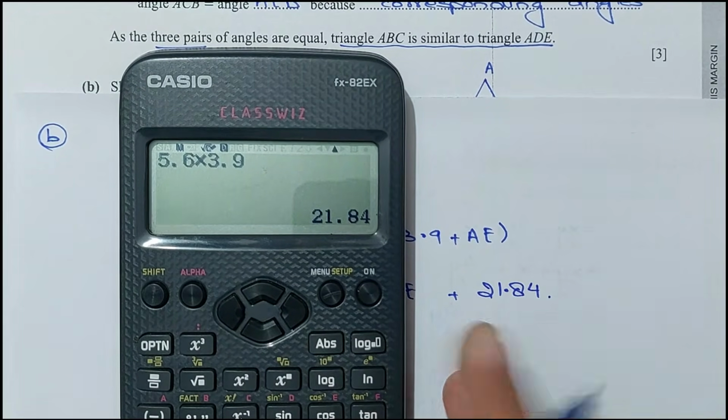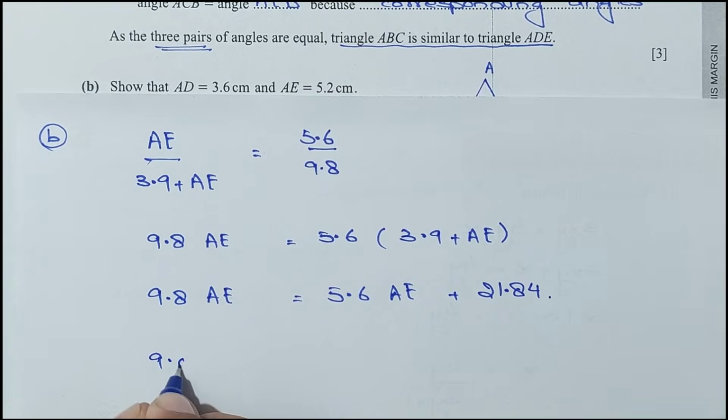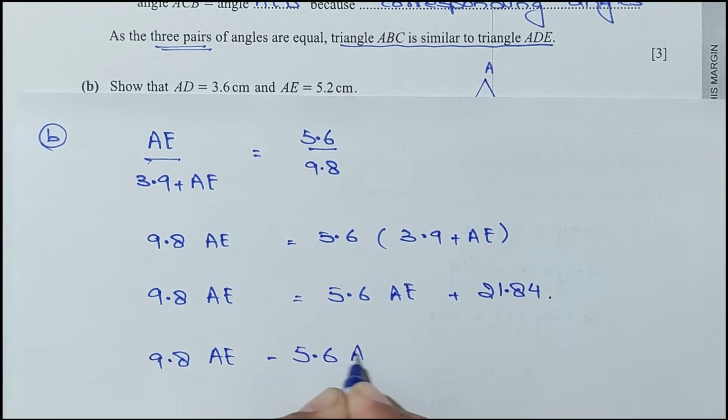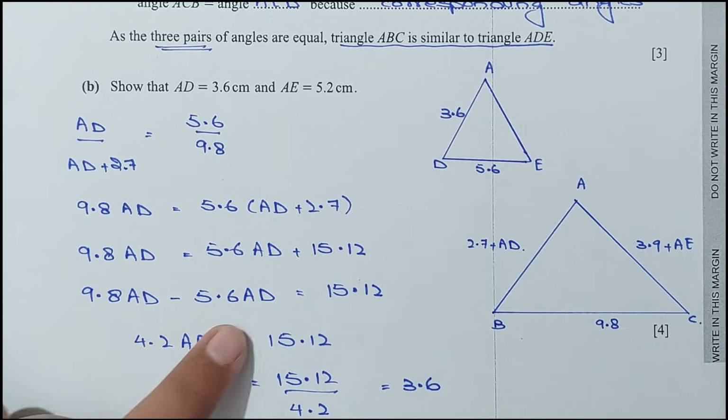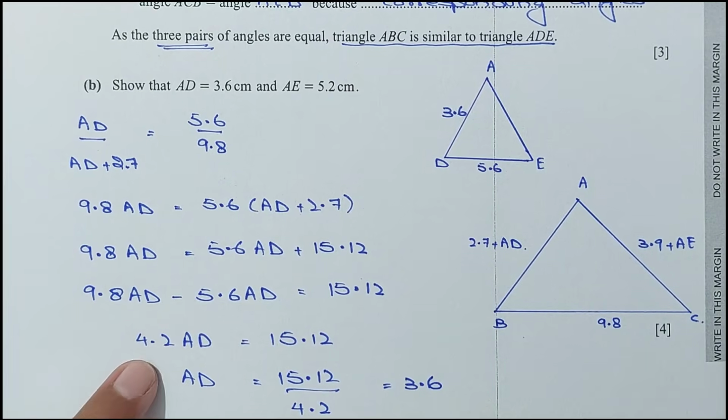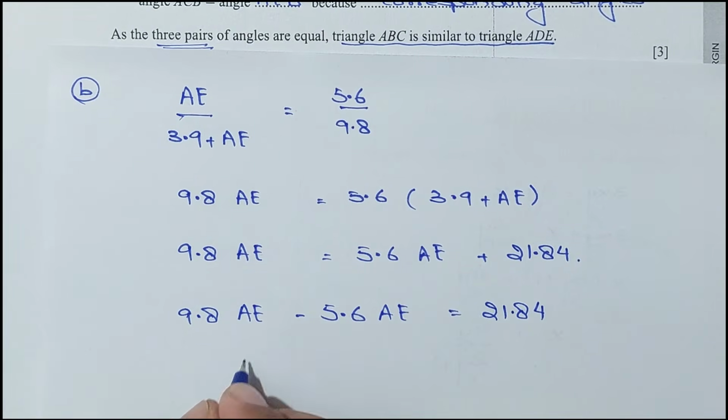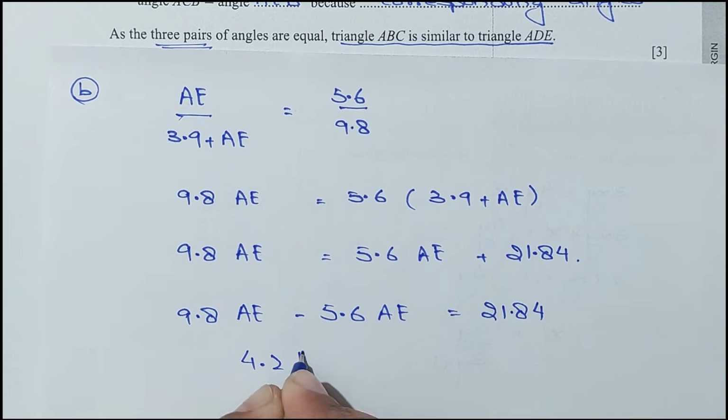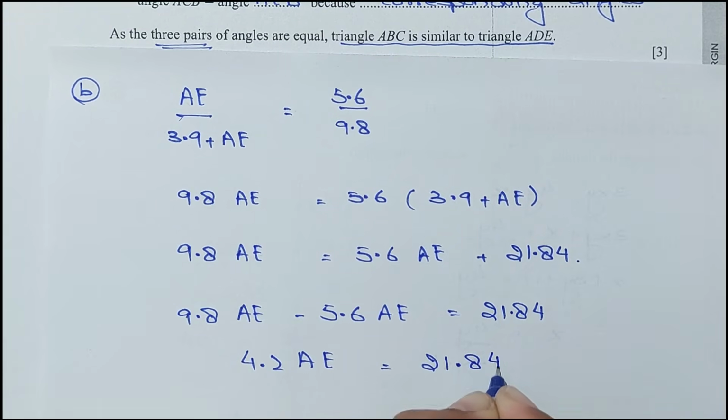5.6 times 3.9 is 21.84. Right, 9.8 AE minus 5.6 AE. 9.8 minus 5.6 is 4.2, we already did. This is 4.2 AE equal to 21.84.